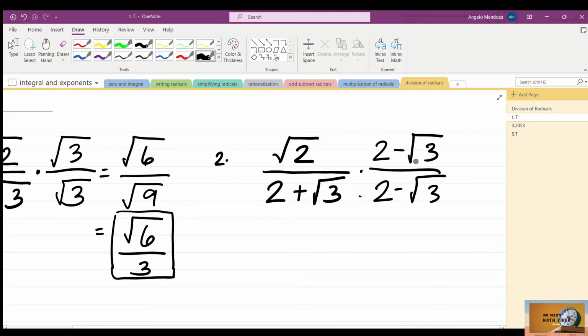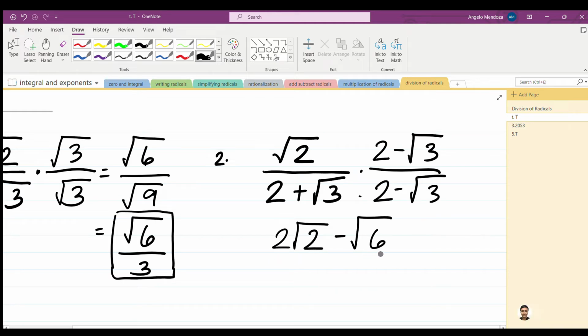Okay, so we have to multiply the square root of 2 in this expression. You have square root of 2 times 2, which is 2 square root of 2, minus square root of 2 times square root of 3, which we can directly answer as square root of 6.